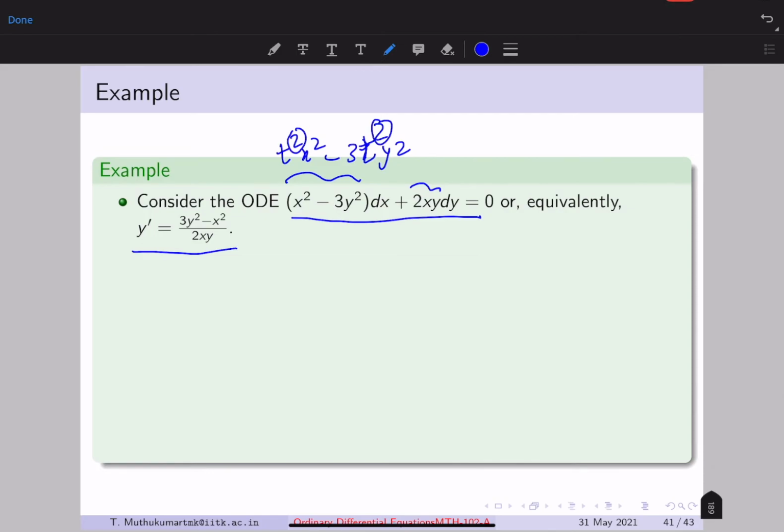Here again, 2tx ty. This is again homogeneous of degree 2, because there is a t here, so you have t square.